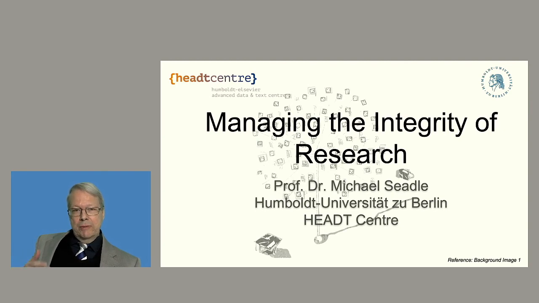I'm talking about managing the integrity of research. And whenever we're talking about information management, integrity is really a key piece of this. We know that if we save information, that we store information, that we make it available to others, there's an expectation that this information is reliable, that we can stand behind it.